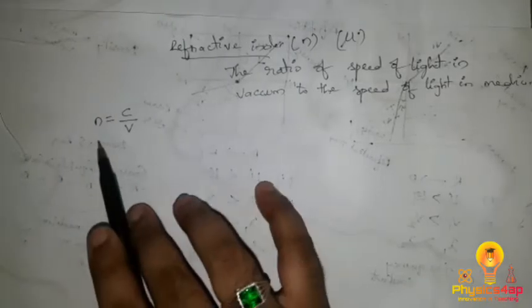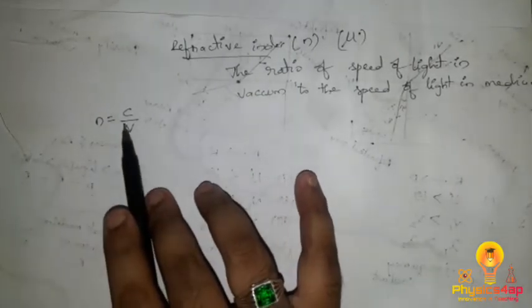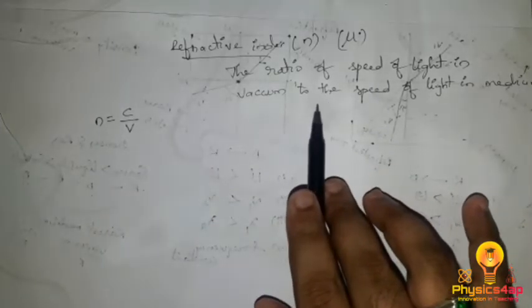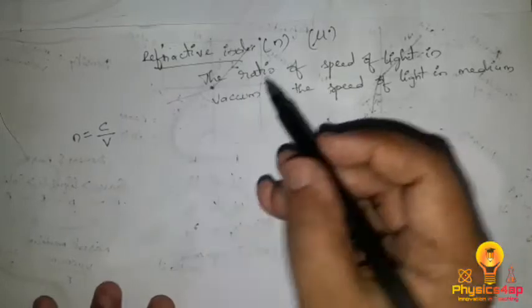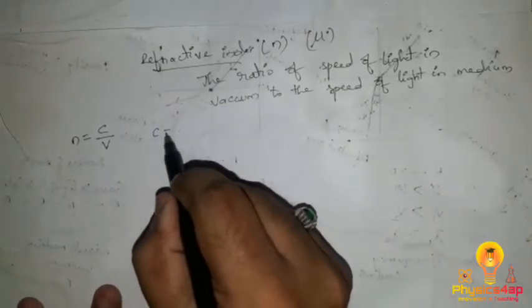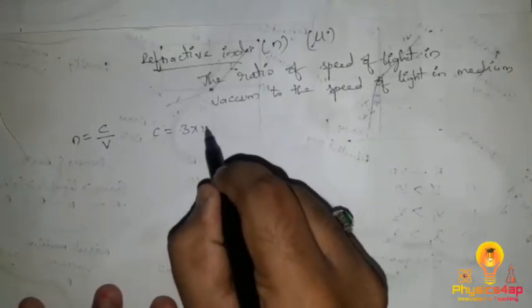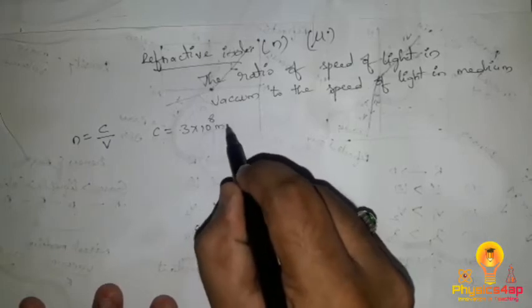Where n is called the refractive index, c is called the speed of light in vacuum, and v is called the speed of light in the medium. So any medium which is going to be taken. c is the speed of light in vacuum or free space, and its value is c equals 3 into 10 to the power of 8 meters per second.